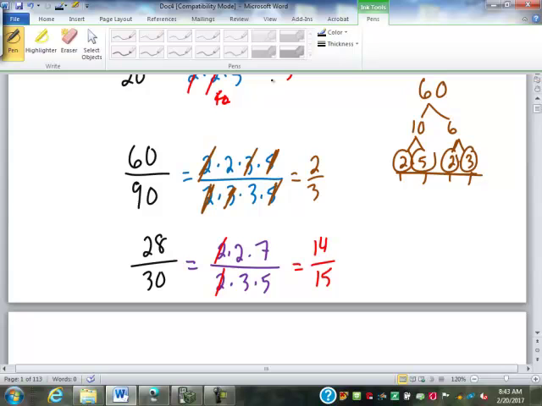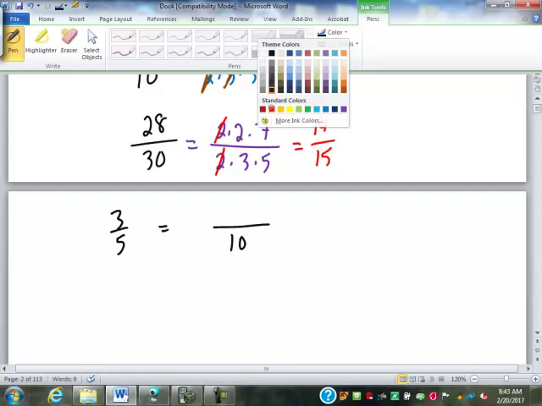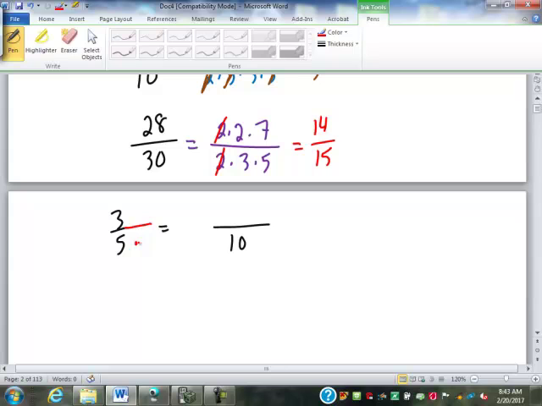When I went to rename a fraction, let's say we had 3/5 and I wanted to turn it into tenths, what we were basically doing was adding a factor. We had to multiply the 5 times 2 to make 10, multiply the 3 by 2 to make 6.